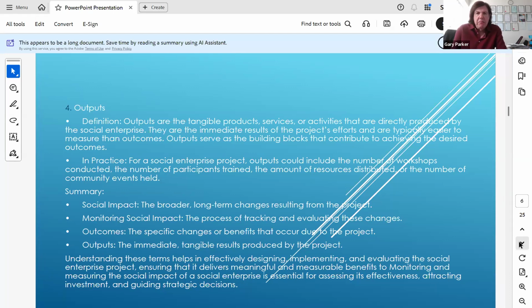Monitoring social impact is the process of tracking and evaluating these changes. Outcomes are the specific changes or benefits that occur due to the project, such as people getting jobs. And the outputs are the immediate tangible results produced by the project. So you train people and help them to get into work. Understanding these terms helps in effectively designing, implementing, and evaluating the social enterprise project.